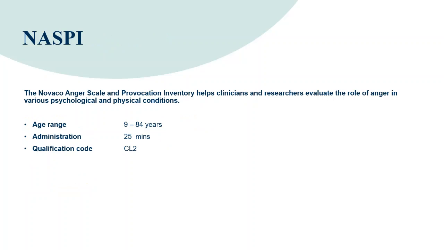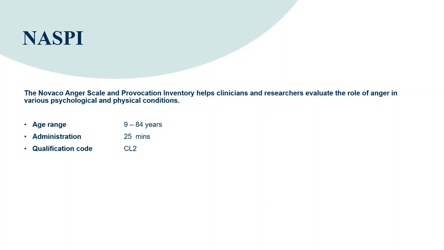Okay, so next we have the Novaco Anger Scale and Provocation Inventory. This helps clinicians and researchers evaluate the role of anger in various psychological and physical conditions. It is a brief and easy to administer self-report questionnaire which will help to assess anger in clinical, community and correctional settings.